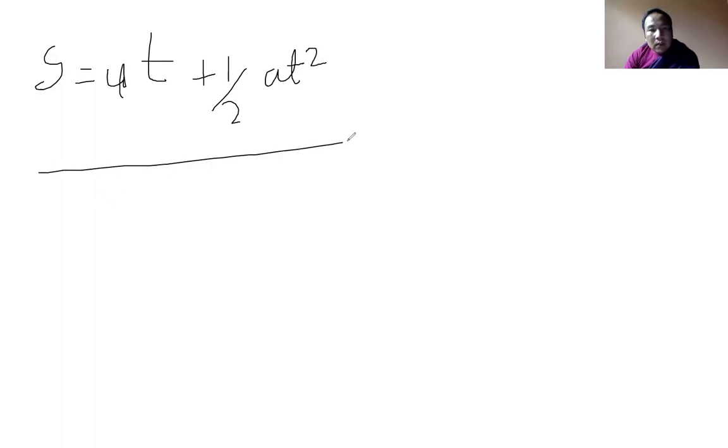Suppose there is a path and a body is asked to move from here with initial velocity u, and within time t it produces acceleration a and covers the distance s.